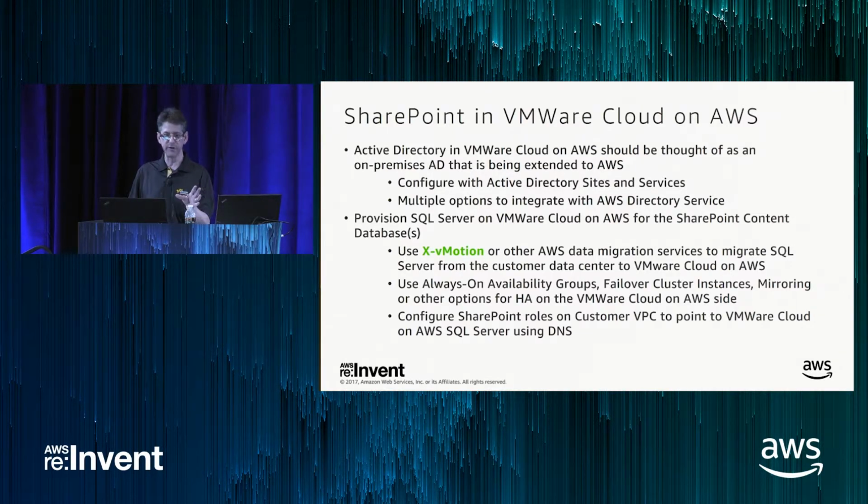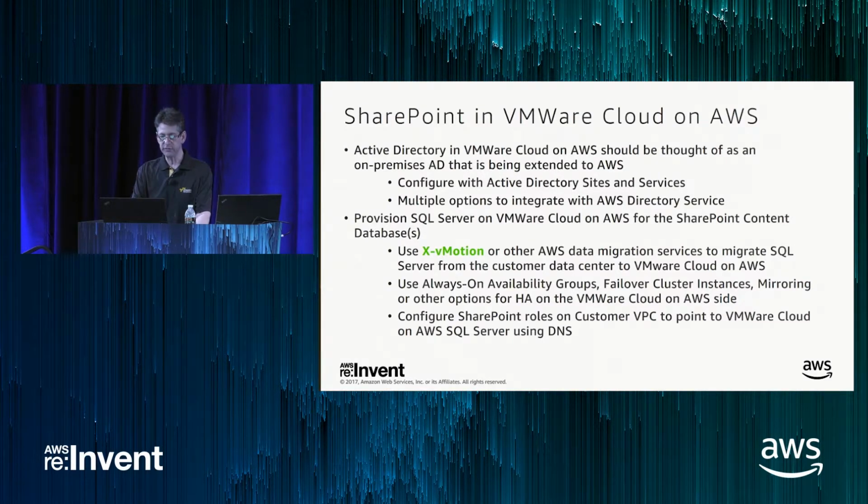There's Always On availability groups that span AWS and on-premises. So there's actually lots of ways to move SQL Server. vMotion is probably one of the most straightforward ways to do this, and most VMware customers are knowledgeable and proficient in it. I mean, they've been using vMotion for a long time.